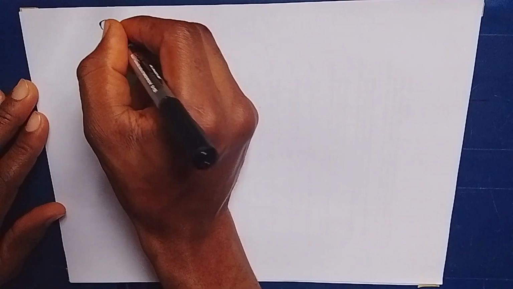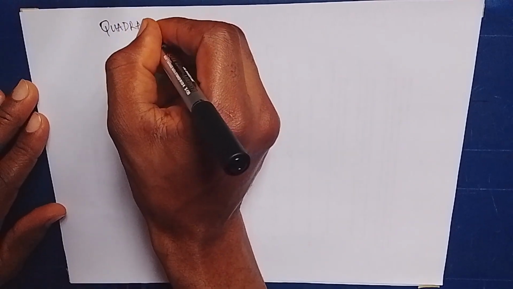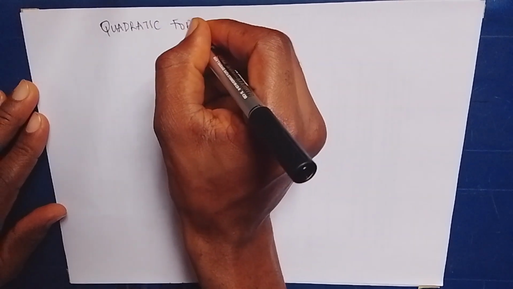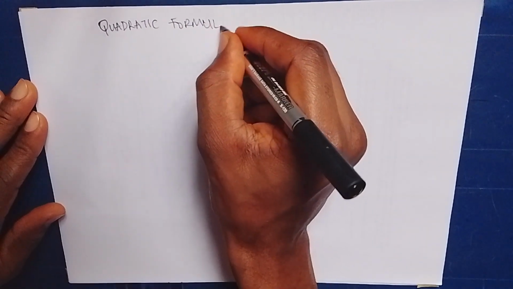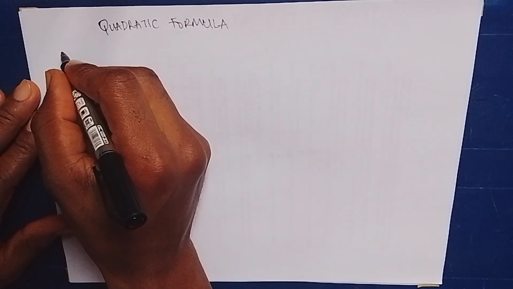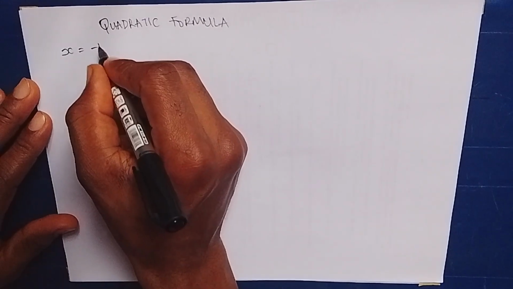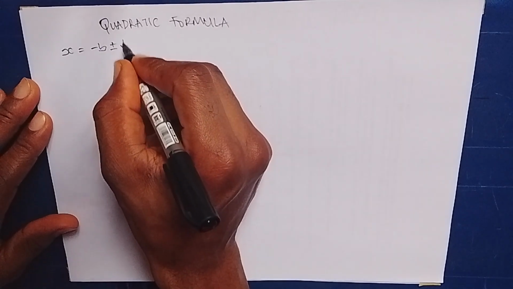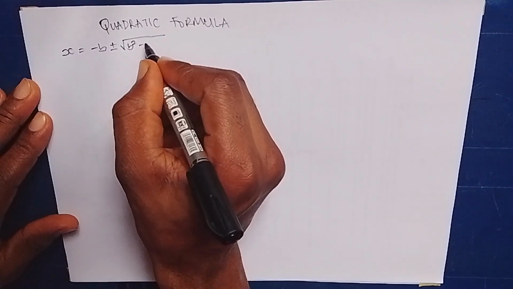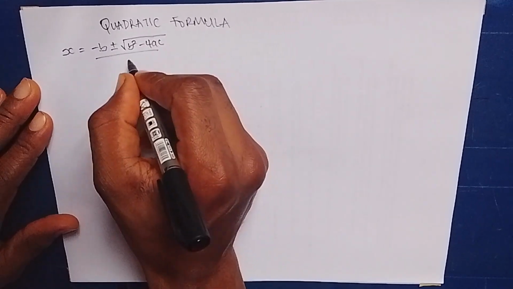Another way to prove that alpha plus beta is equal to minus b over a and alpha beta is equal to c over a is by using the quadratic formula. Now, I may not go all the way with this, but the quadratic formula: x is equal to minus b plus or minus root b squared minus 4ac over 2a.